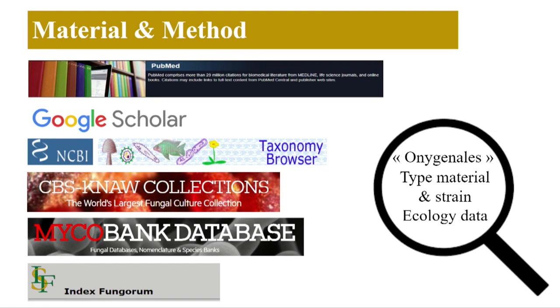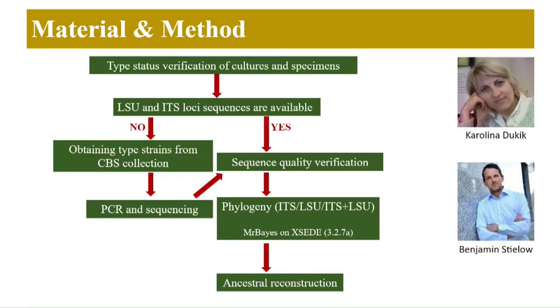So we got to work, we searched different databases, and we made a list of species which were described in the order, and we also checked for the type materials and strains with the ecological data. And also, with help of Carolina and Benjamin, we checked if there were any available sequences, mostly LSU and ITS first.